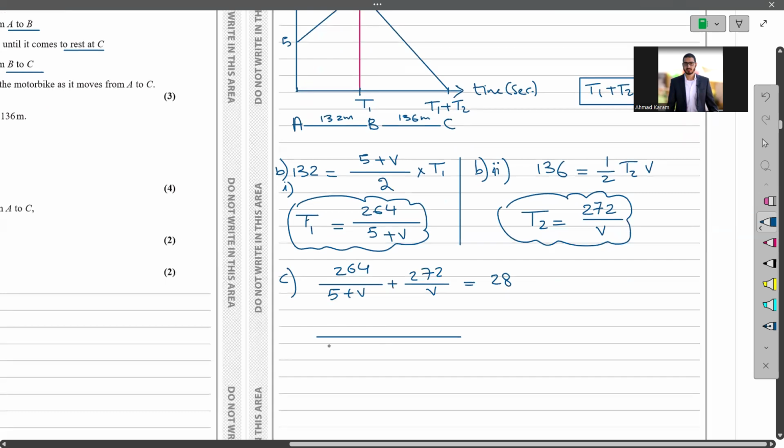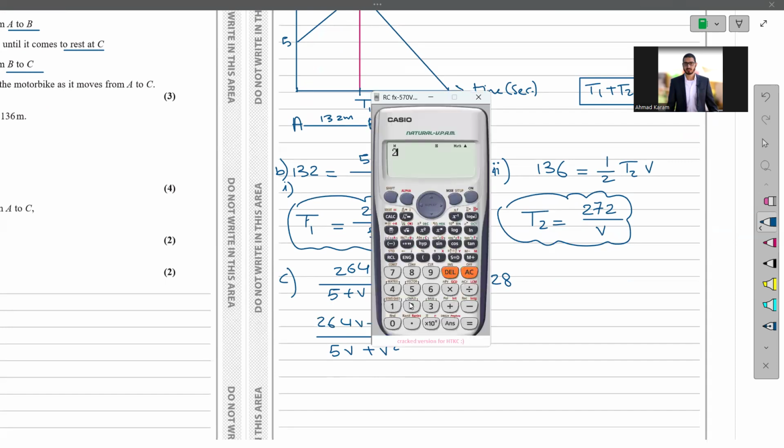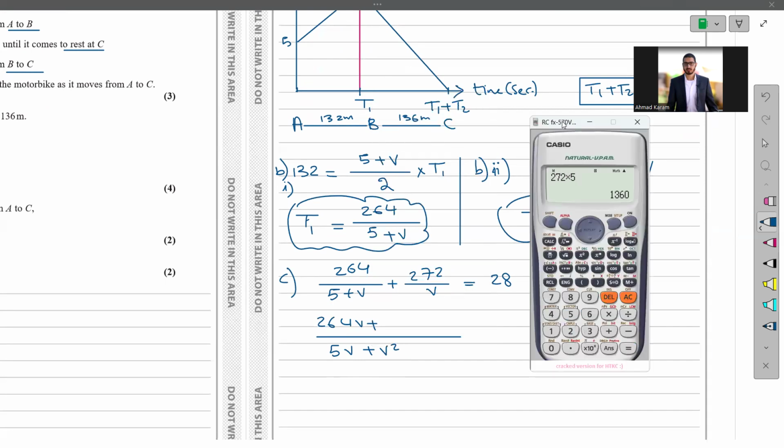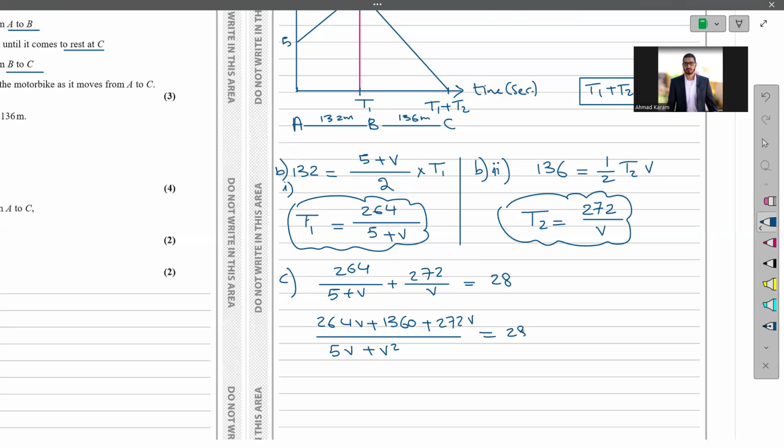Then the common denominator will be multiplying 5V plus V squared. And up here is 264V plus 272 multiplied by 5, 1360, plus 272V equals 28.